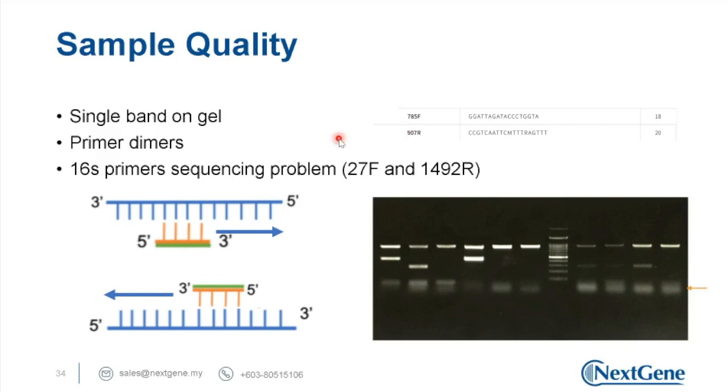In those kinds of cases, maybe we can consider using a different pair of sequencing primers, for example 785F and 907R. They are used for sequencing the same PCR product generated by 27F and 1492R. The 785 primer binds at the center of the PCR product and moves forward, and the 907 binds near the center and moves backwards.